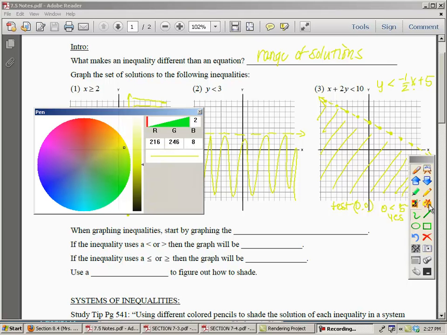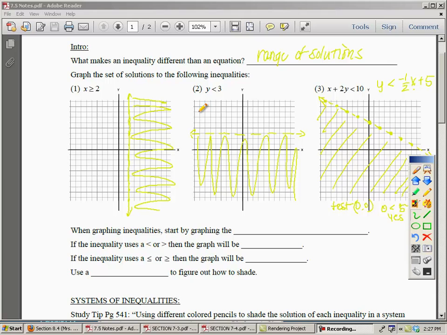Now let me change my color so you can actually see what I'm writing. But when graphing inequalities, start by graphing the general equation. Okay. When the inequality has a less than or a greater than, then the line will be a dotted line.